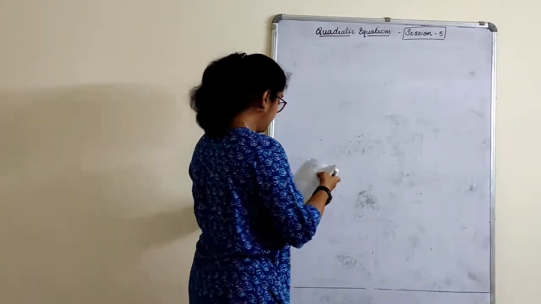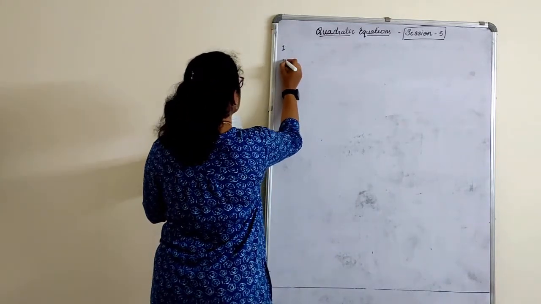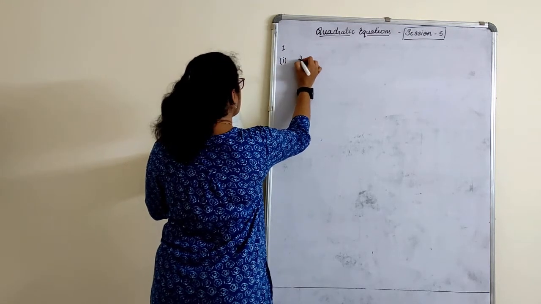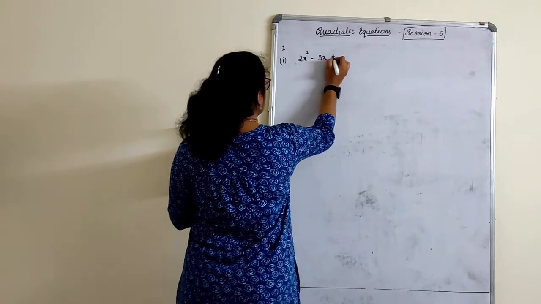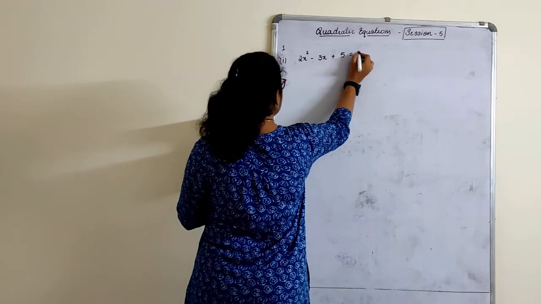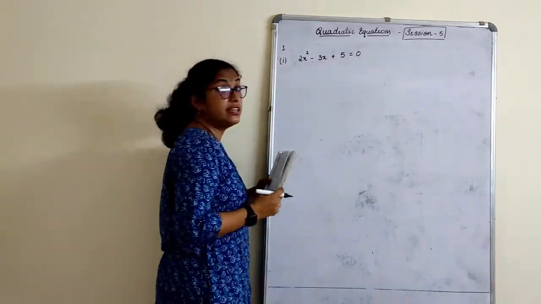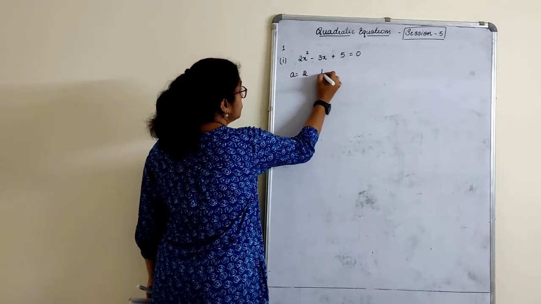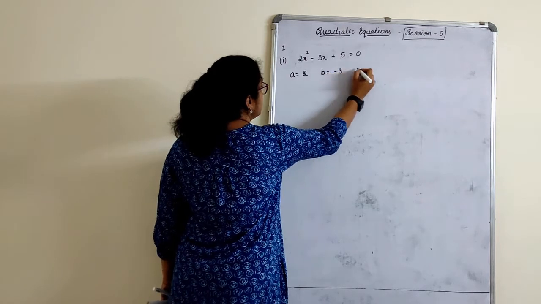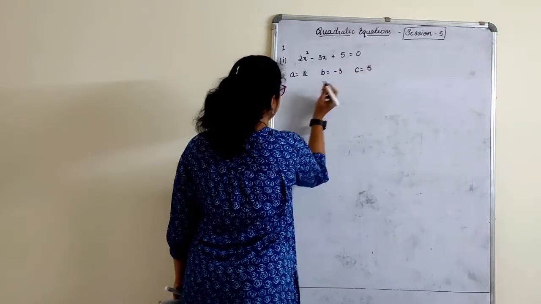First one. 2x square minus 3x plus 5 is equal to 0. Let's first write what a, b, c are. a is 2, b is minus 3 and c is 5.